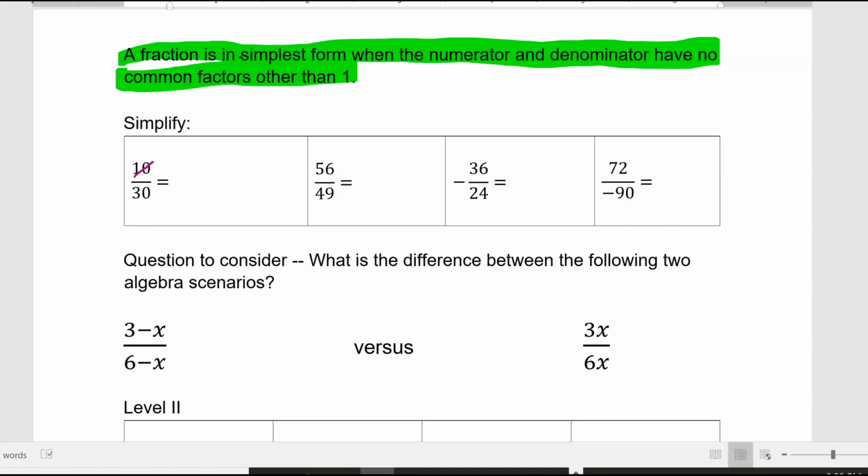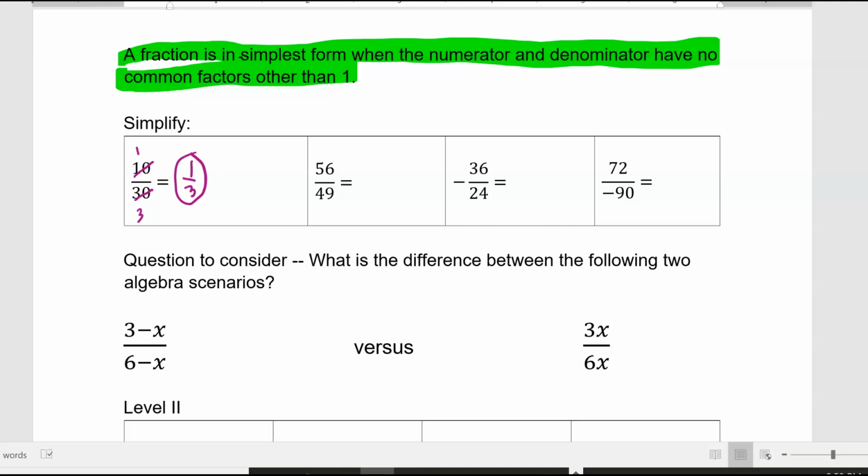So the common factor here would be 10. So normally we just divide in our head. So 10 divided by 10 is 1. 30 divided by 10 is 3. So it simplifies to 1/3. And you can try all of these by pausing the video, trying them, and then you can see the answers when I explain it.